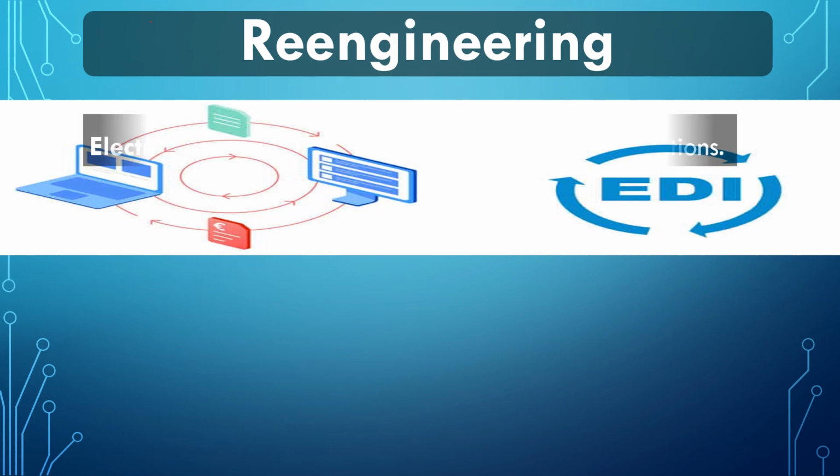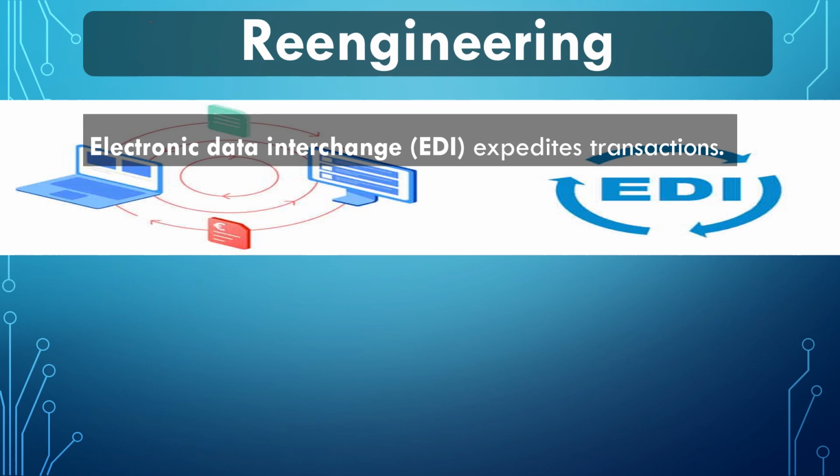And one of these techniques in the relation with suppliers and customers is the system called electronic data interchange, EDI. The idea of this system, EDI, is to have a direct interchange relation between the system of the company and the customers.